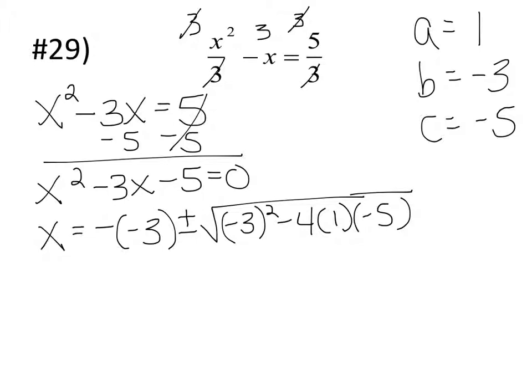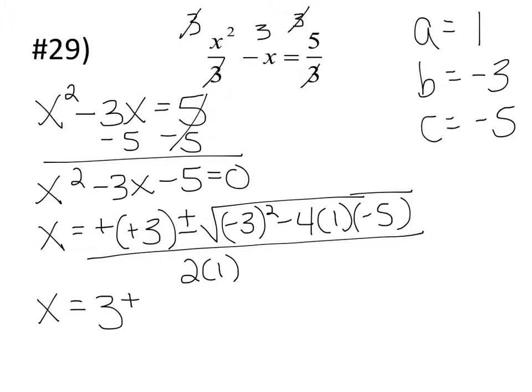A is 1, c is -5, all over 2a, which is 2 times 1. Add a line, change the sign. You have +3 plus or minus the square root. -3 squared is 9. -4 times 1 is -4. Times -5 is +20. All over 2.